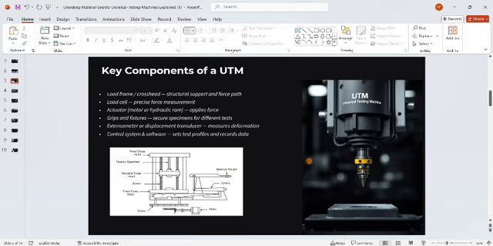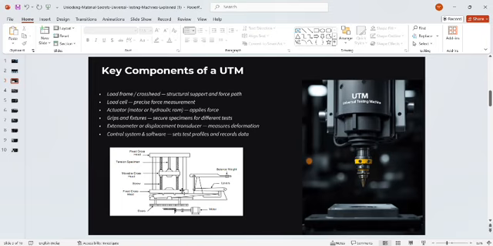What are the key components used in the UTM? Let us see the image here. The fixed crosshead is in a fixed state, holding the tension specimen, by which tension is applied on the specimen we are going to examine. Here is the screw used to move the movable crosshead, by which we apply the tension.